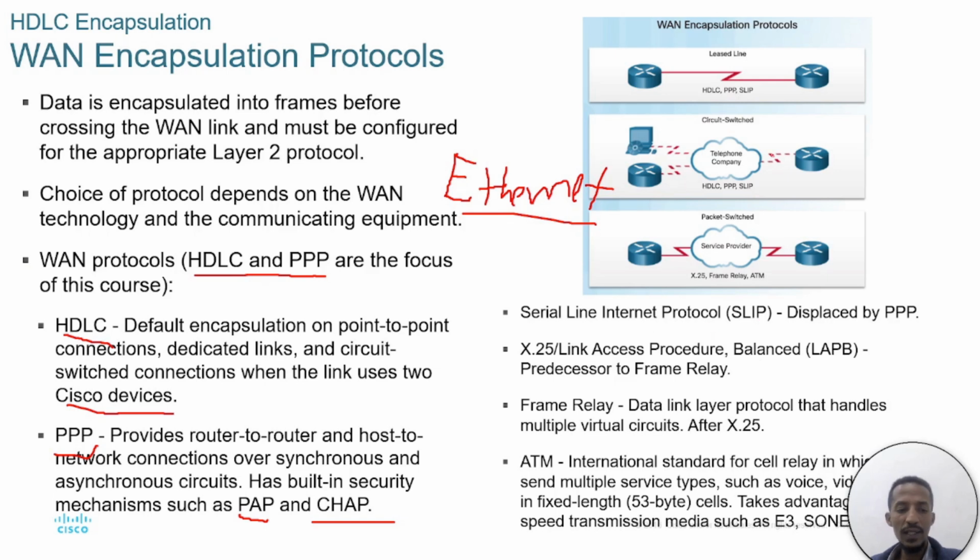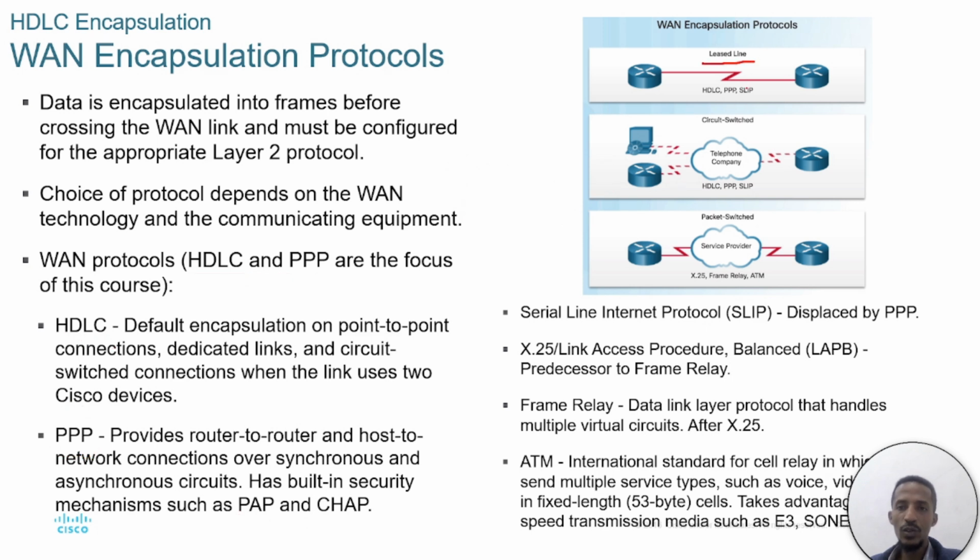So here you can see that there are different types of protocols. Whenever you have the leased line, you are going to use these three. So the HDLC, the PPP, the SLIP are used by the leased line. If you have the circuit switching networks, what are the circuit switching networks? The ISDN, the dial-up, and public switch telephone networks, PSTN.